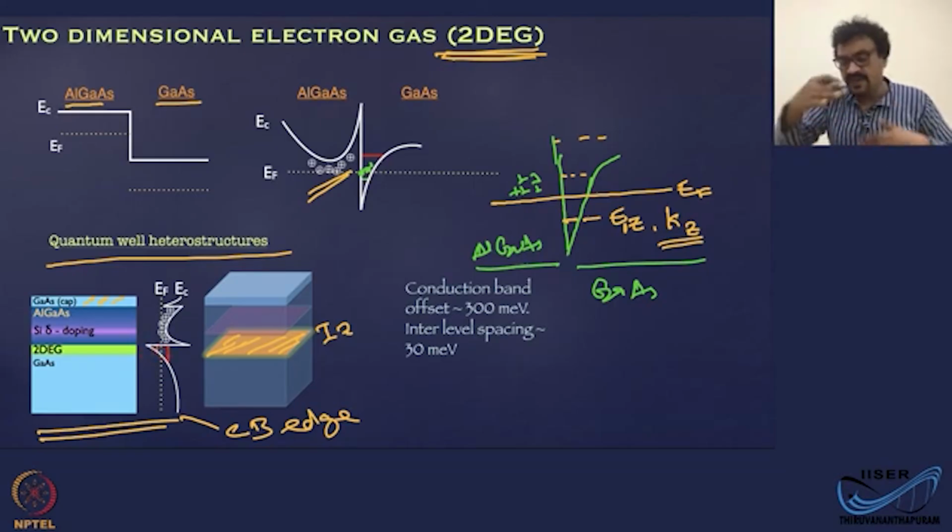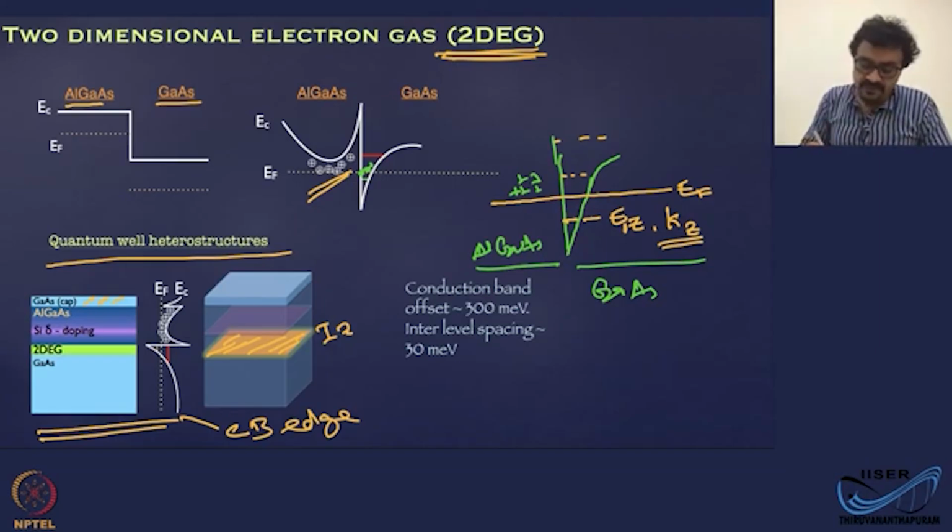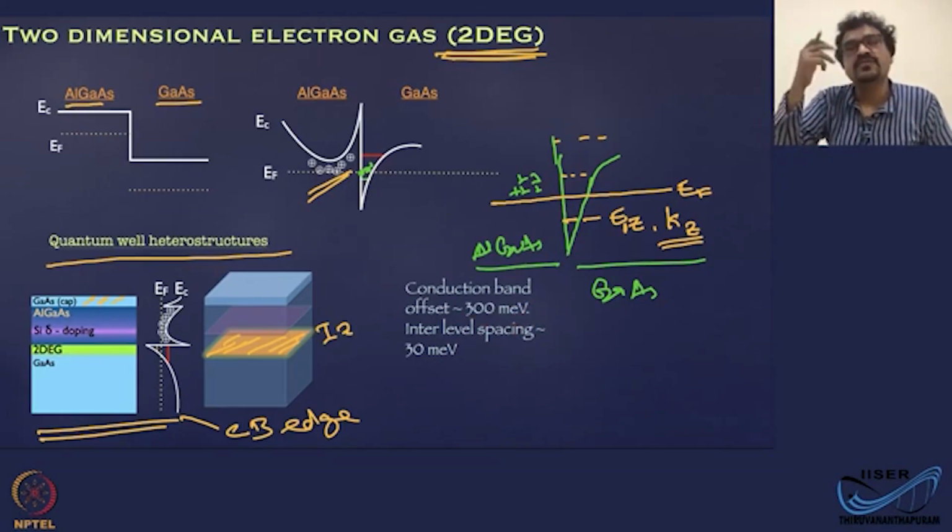I have drawn the well now 90 degrees, from top to bottom. Now you will get a two-dimensional sheet of electrons here, and there is a dopant layer sheet here. And this conduction band offset here can be a few hundred milli-electron volts. Room temperature is 25 milli-electron volts.